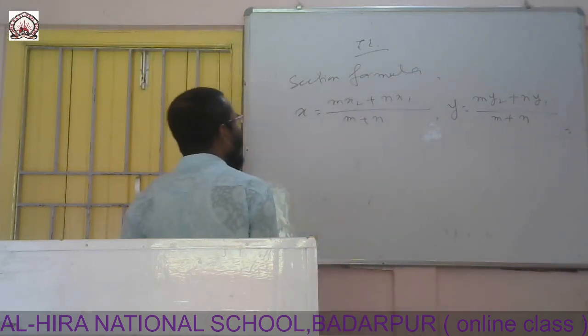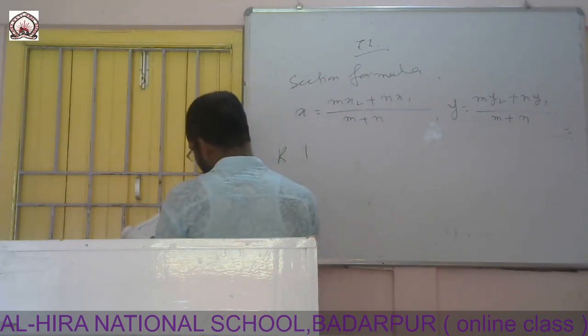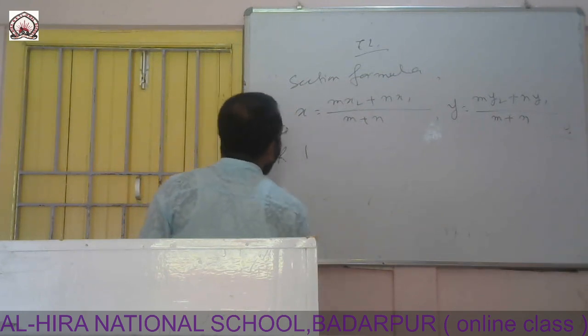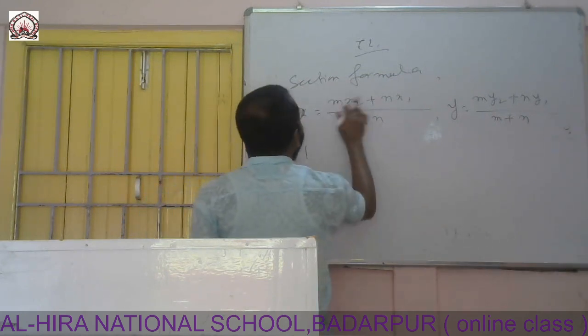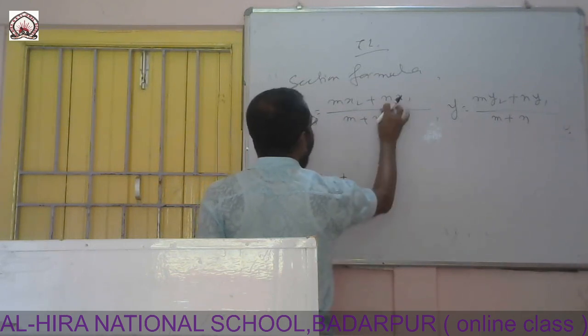If the ratio is not given, then you use the k:1 formula, which is just like m and n. You put k in place of m and 1 in place of n.